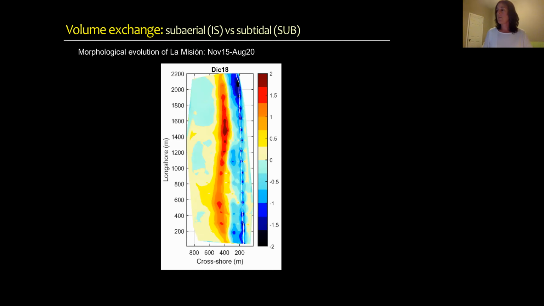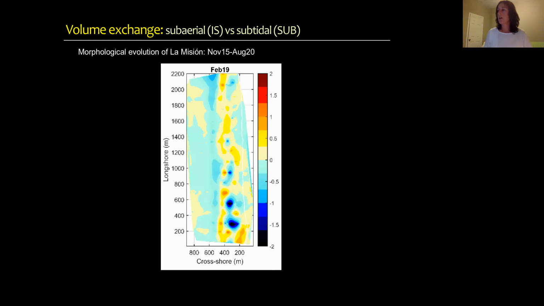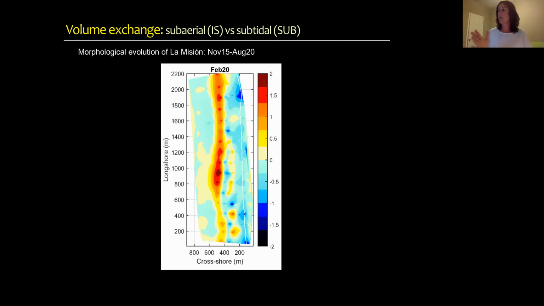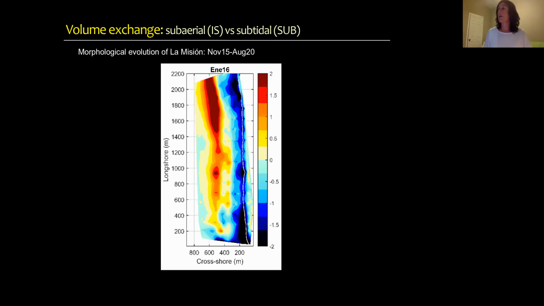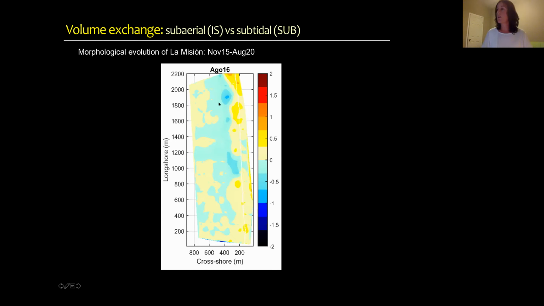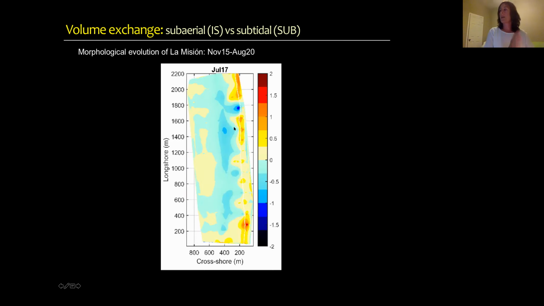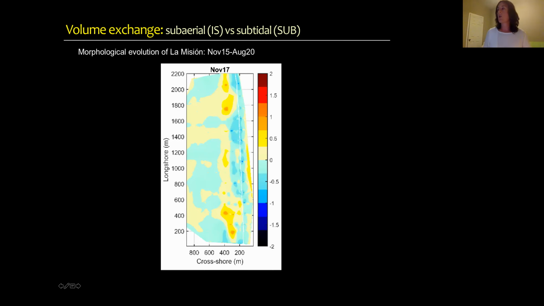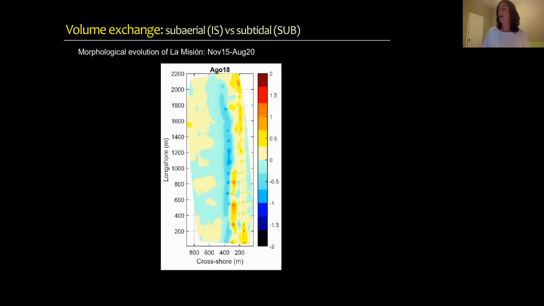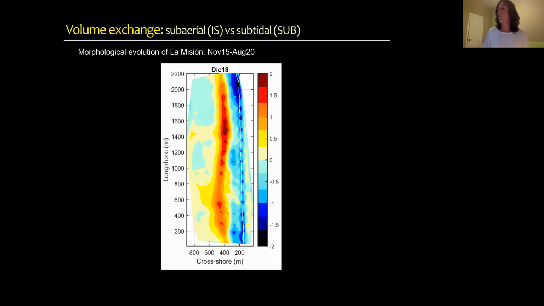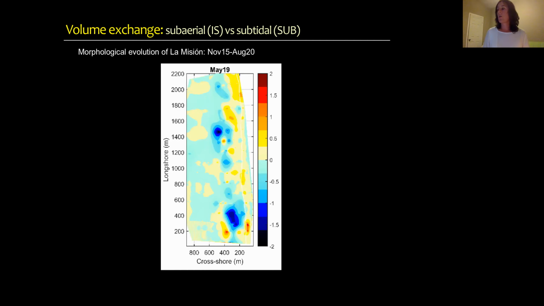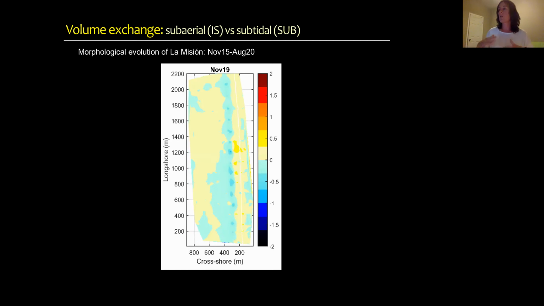Basically, we get a lot of rip currents, and the sandbar also, like in Ensenada, forms in November, usually like now, October, November, and it moves offshore and then it comes back onshore. But obviously during the onshore migration of the sandbar, we have a lot of rip currents forming, and then there is a low tide terrace also that remains for a while.